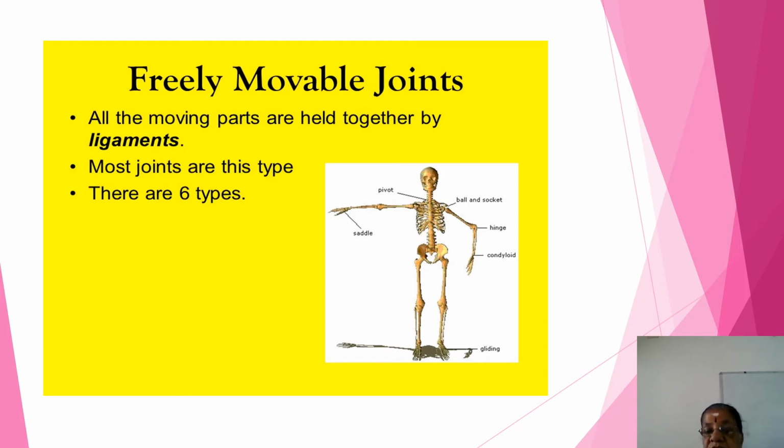But in our textbook, it is given only about pivot joint in the neck portion, ball and socket joint in the shoulder and hip, hinge joint in the elbow and knee, and gliding joint in the foot.